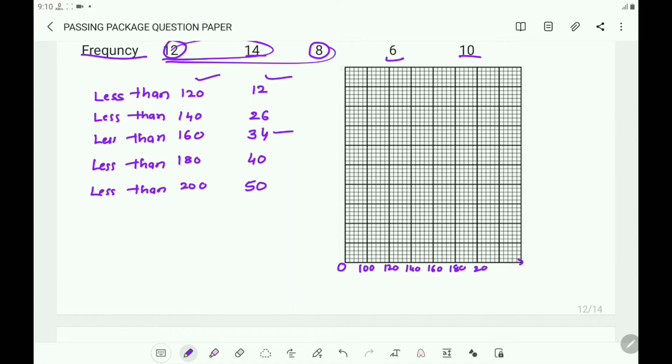Here this is the x-axis and this is the y-axis. On the x-axis we have taken upper limit, and on the y-axis we have taken cumulative frequency.